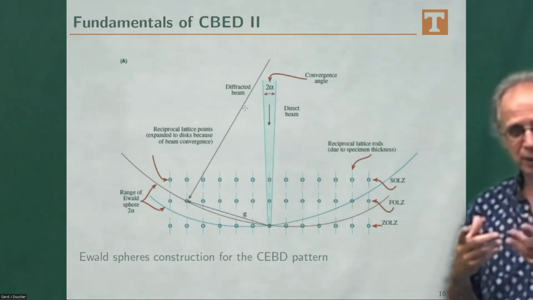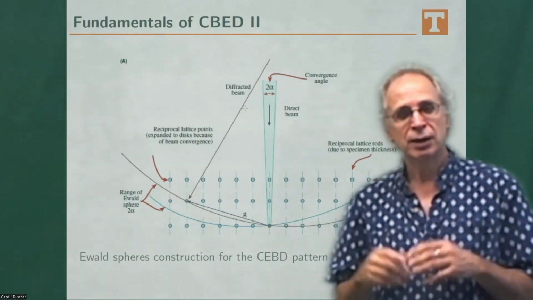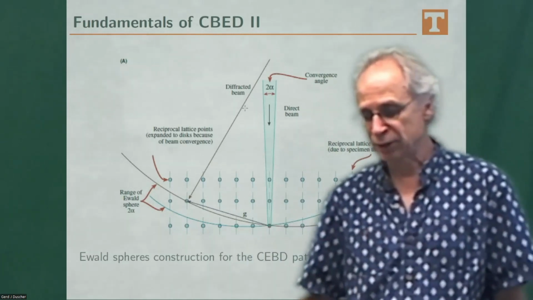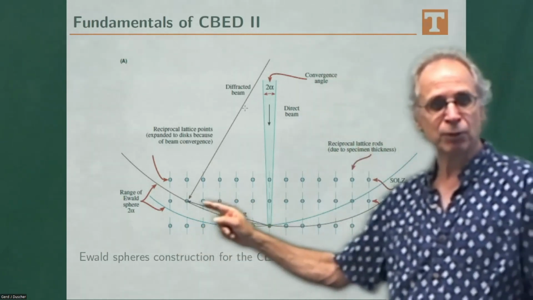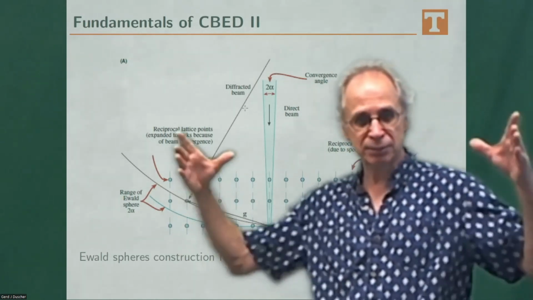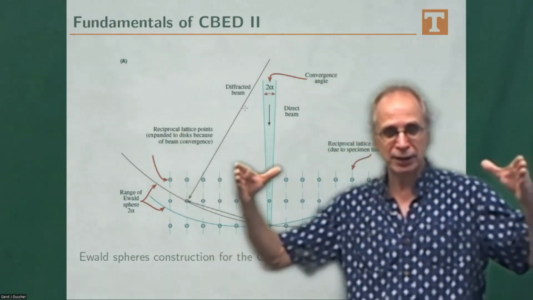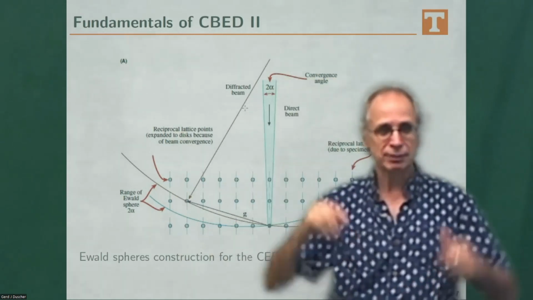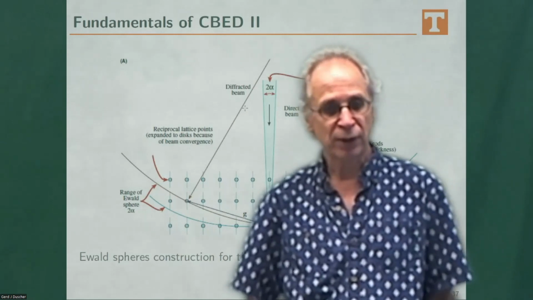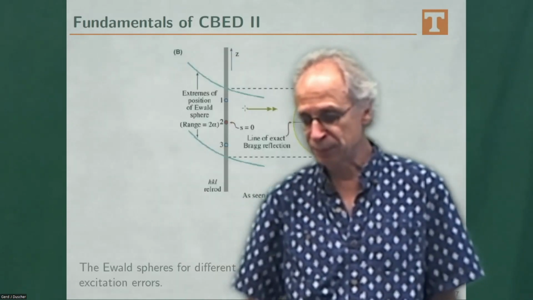So generally speaking, excitation error 0 will give you a very strong Bragg reflection, right? So that's what we want. So we get our higher order Laue rings, which are directly related to the c height, the one parallel to the zone axis that we come in along, and you get that information.